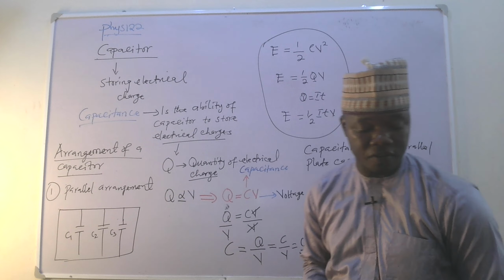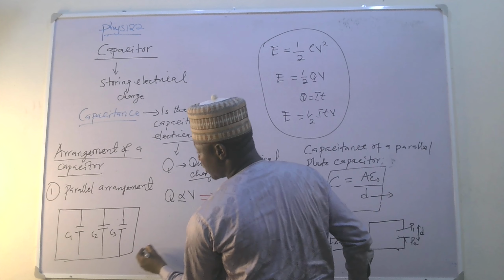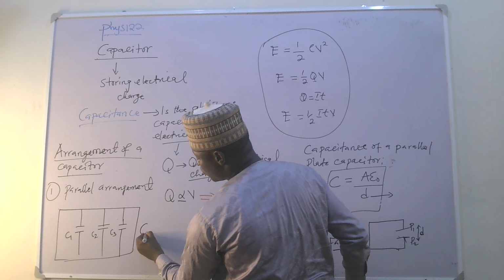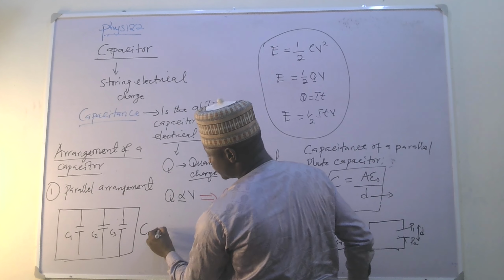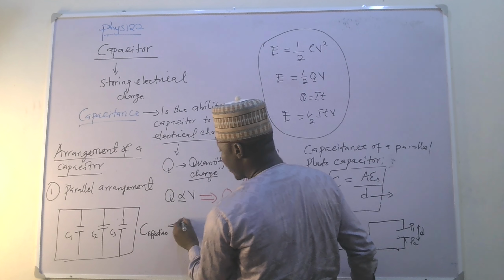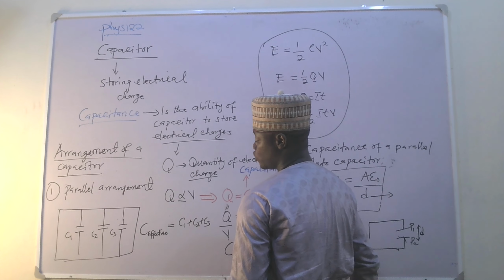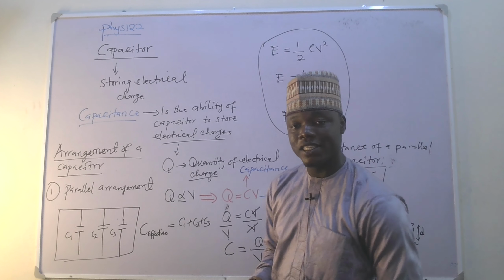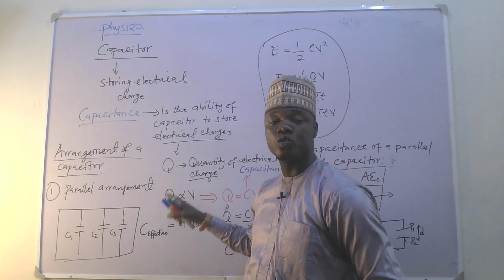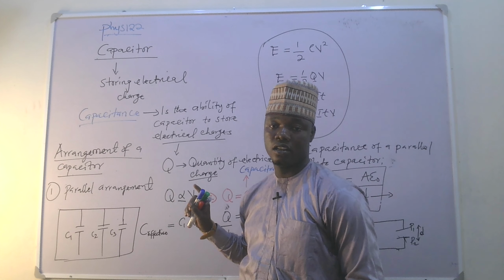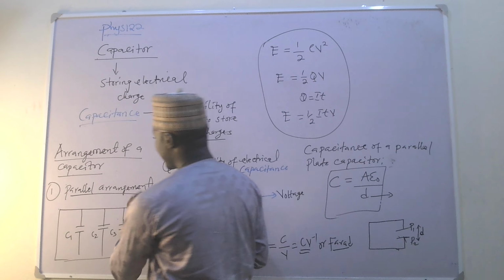So the parallel arrangement of capacitors is given as C effective is equal to C1 plus C2 plus C3, depending on the number of capacitors. Let's say you have 10 capacitors, so it's going to be C1, C2, C3 up to C10. So that is the arrangement of capacitors in parallel.